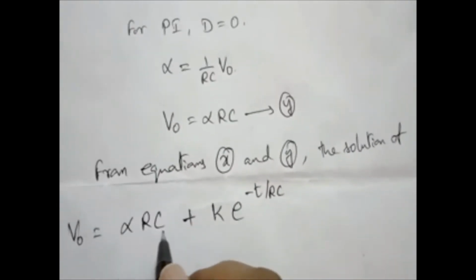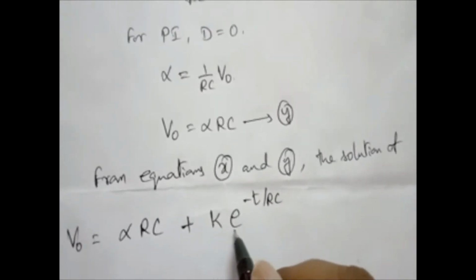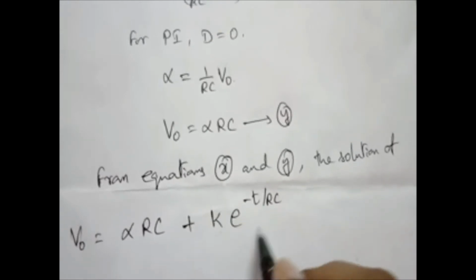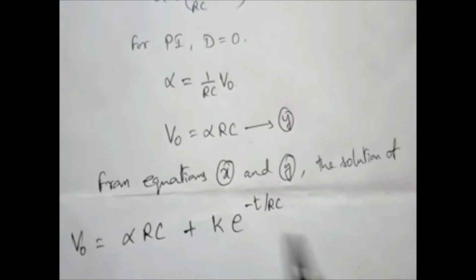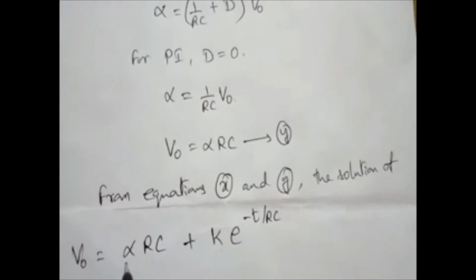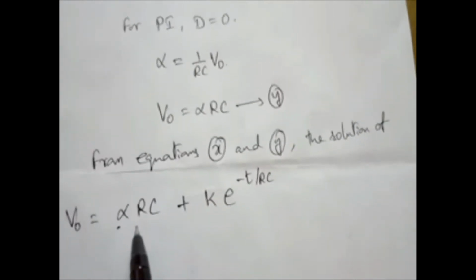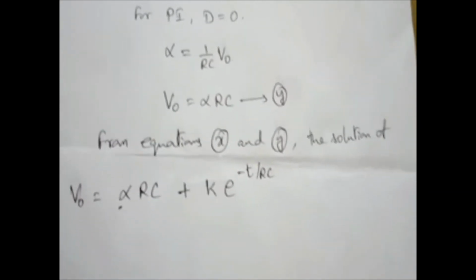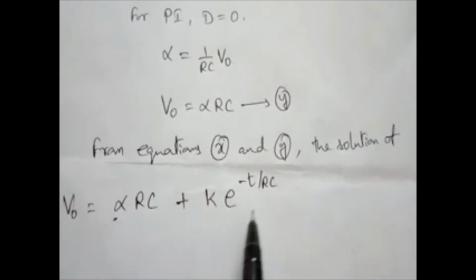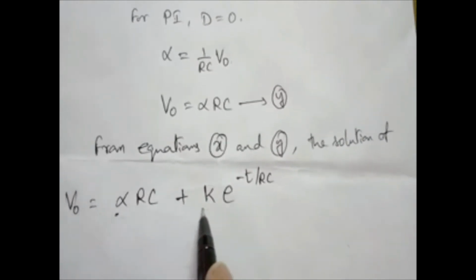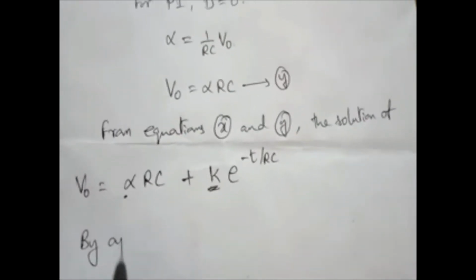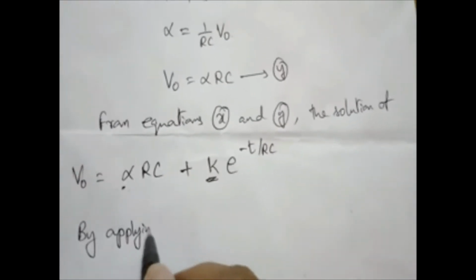So the forced response is alpha into RC, and the natural response is K into e power minus t by RC. The natural response is the same for any function, that is the complementary function, while the particular integral varies depending on the input function. Okay, so this is the solution we are getting. Now we need to find the K value. How to find the K value? By applying initial conditions.